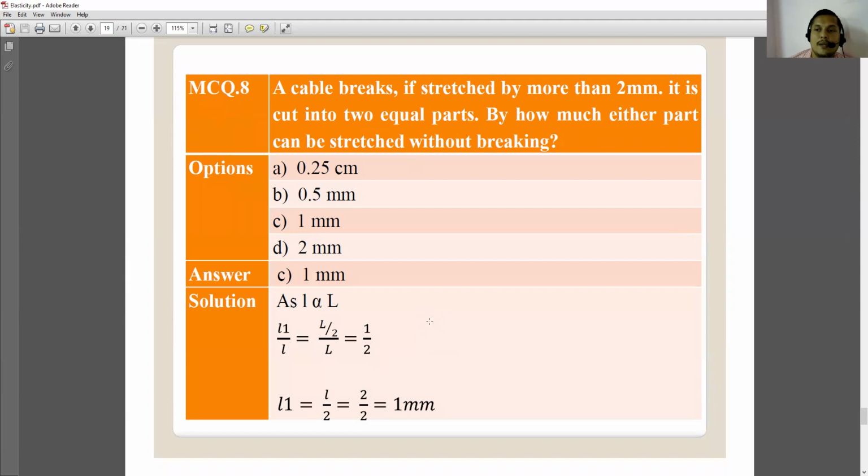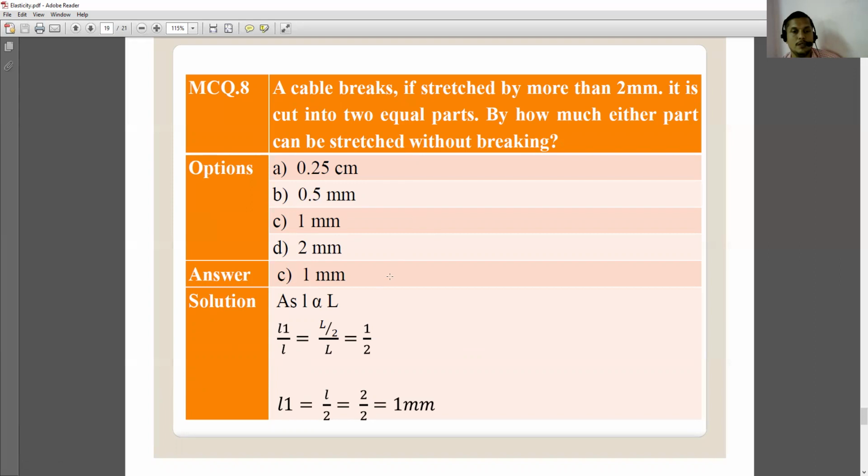By how much can either part be stretched without breaking? Means what? The cable breaks if stretched by more than 2 mm. Such a cable we cut into two parts. By how much can either part be stretched without breaking? If we take any one of the cut parts, how much can we stretch it without breaking?